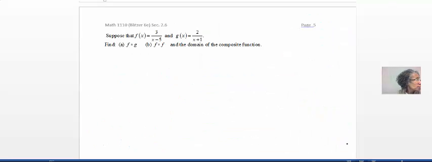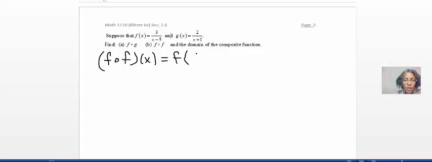Okay, let's do the B part here. Let's find f of f of x. So f of f of x can also be written as f with input f of x, read the same way.